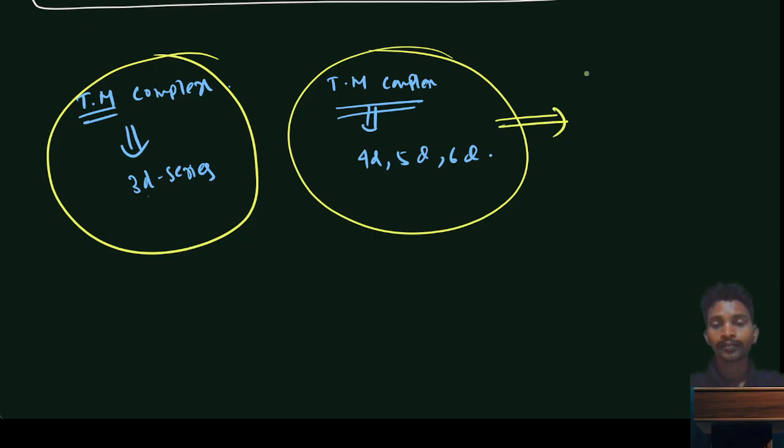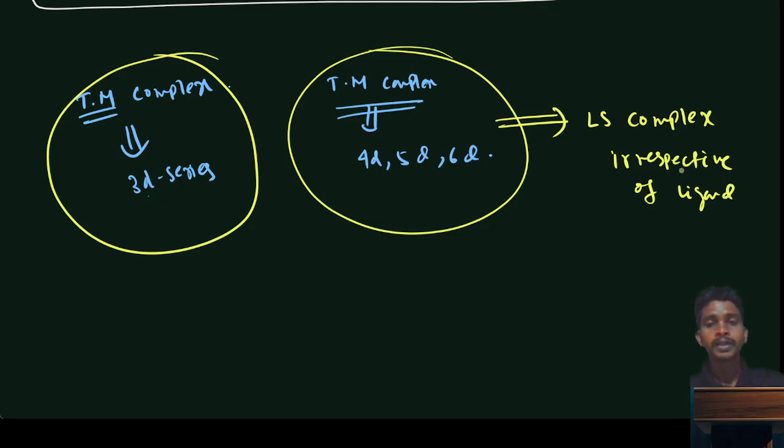For this we are interested in the 3D transition series, because 4D and 5D always have low spin complexes, irrespective of the ligand. You will not look at the electrochemical series; if it is 4D, 5D, 6D, then we always take low spin complexes.